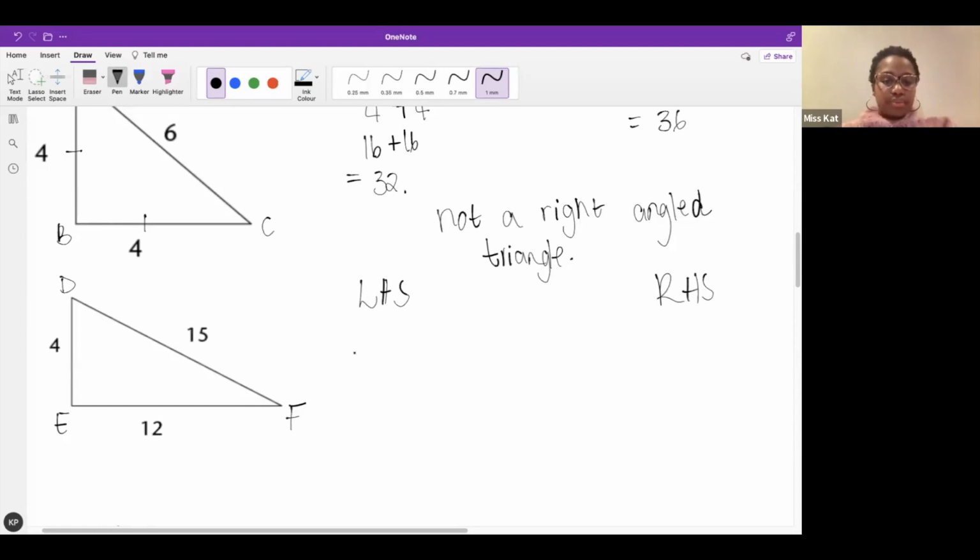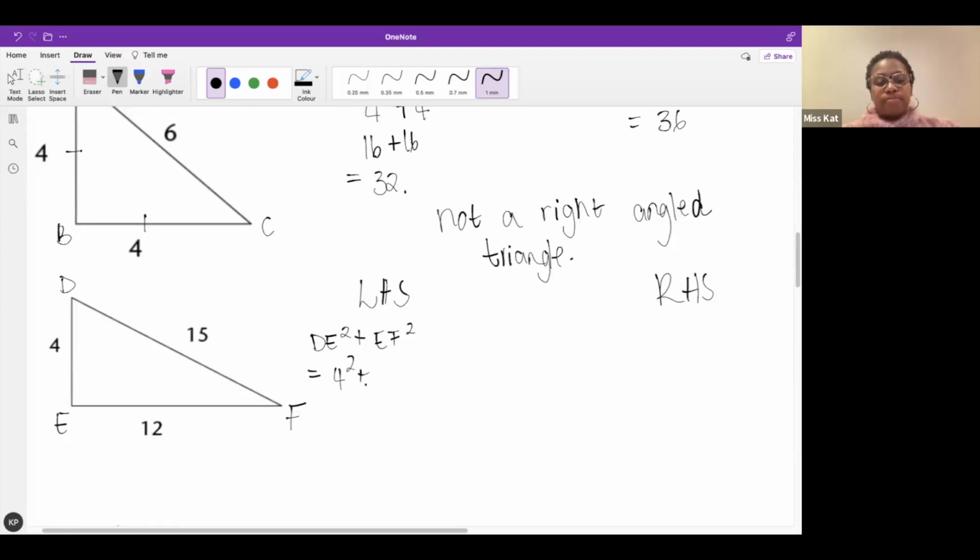So I have my left-hand side. Our left-hand side will be DE squared plus EF squared. Our DE is 4, so you're going to substitute that.